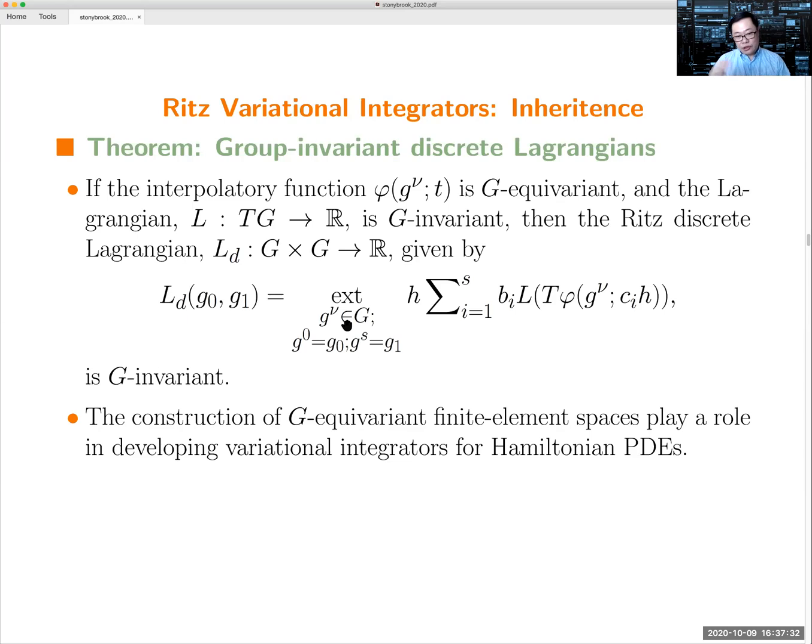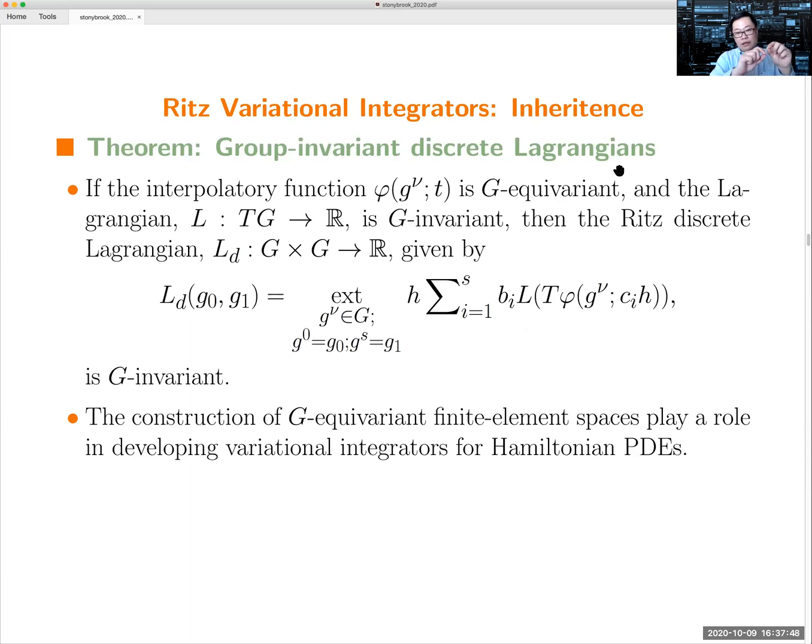has the property that it transforms in the right way under a symmetry group, then the resulting discrete Lagrangian is going to be group invariant, and then by this discrete Noether theorem, it will satisfy a momentum conservation law. So what do I mean by group equivariant interpolatory functions?